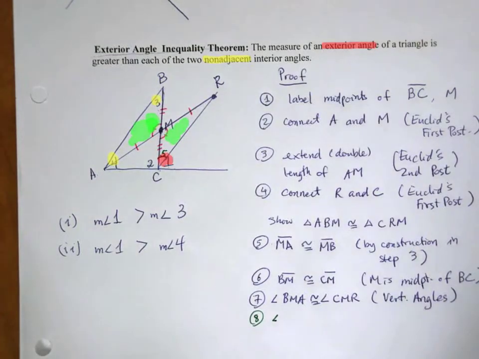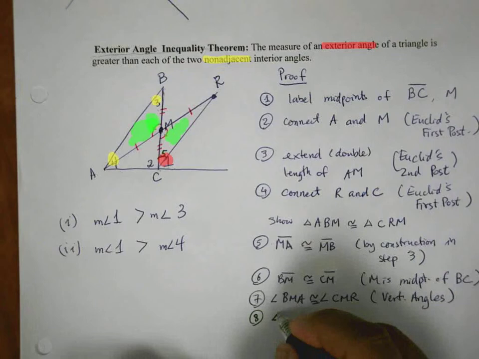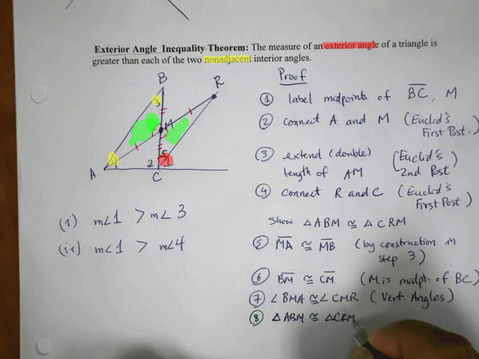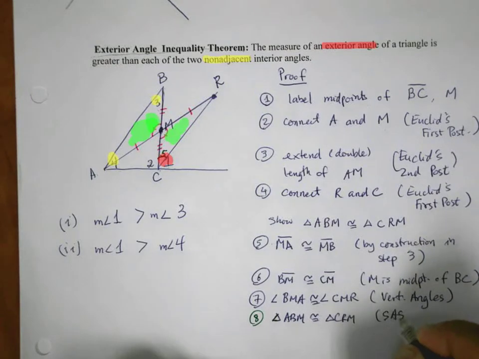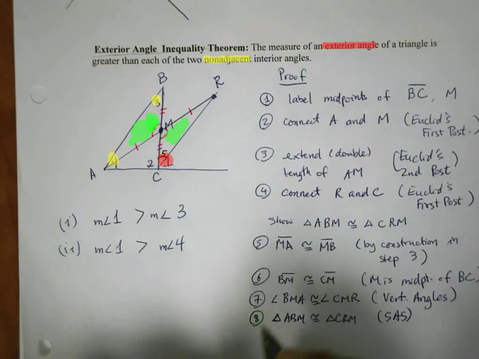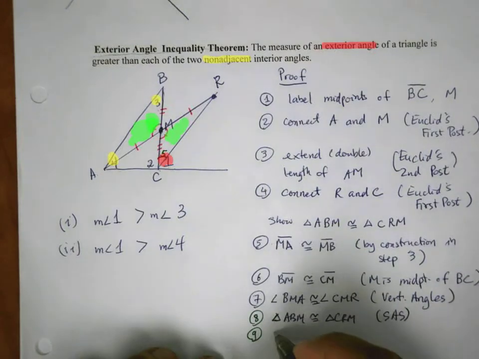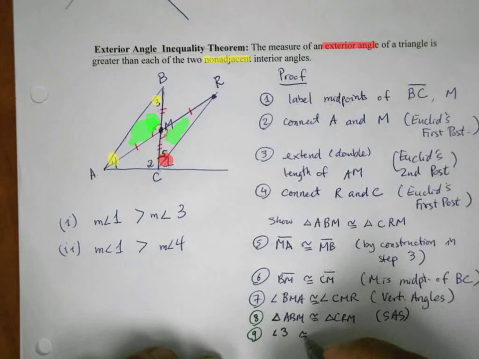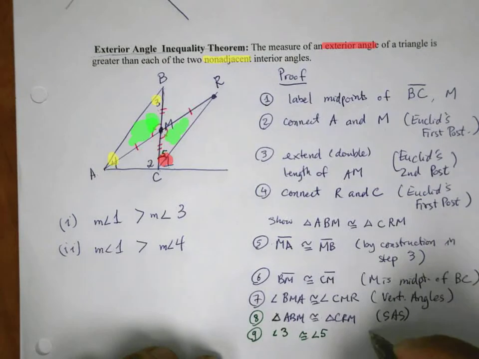So we can say that triangle ABM is congruent to triangle CRM by side angle side. And then I can say that angle 3, that's this one up here, is congruent to angle 5 by corresponding parts of congruent triangles.